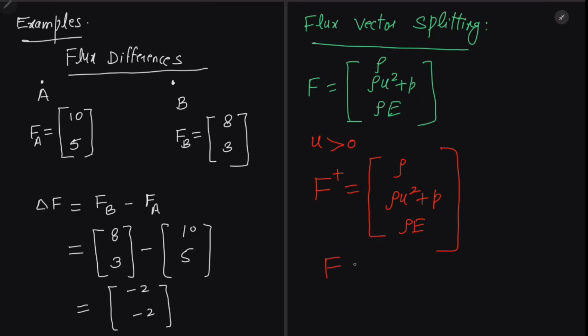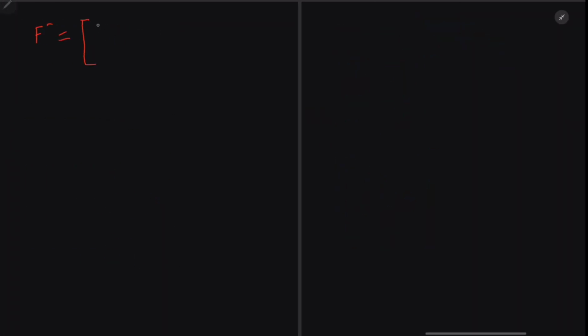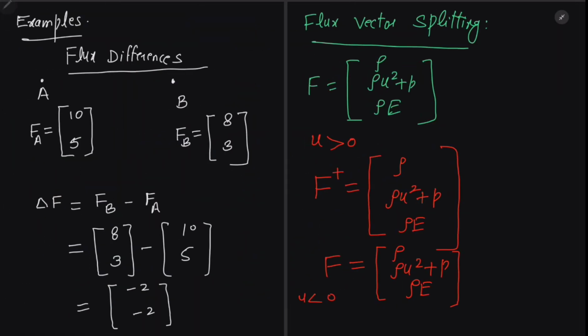If we have, for example, the same flux, some random flux, just for an example, and u is less than 0, then we can write F negative. And here you can see that for positive we already have the things over here, and this will become 0 since there is no quantity which has negative values.